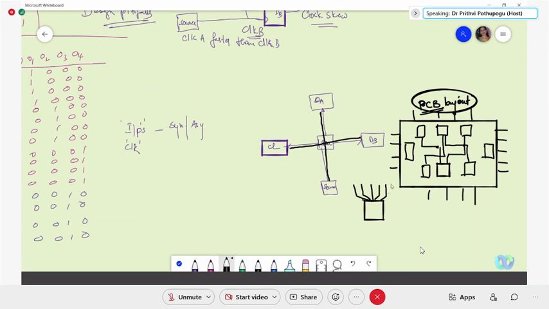Now, the same thing, this is the length of the wire that will eliminate the clock skew if the length of the wire is even, because through the wire there will be a delay. How much delay can you expect in the wiring?